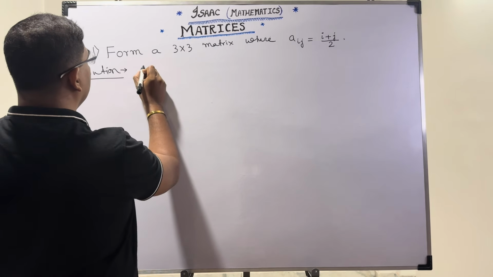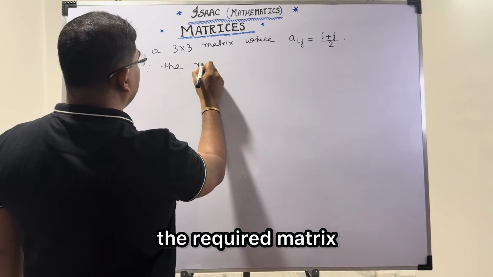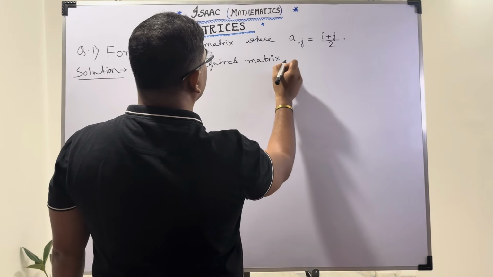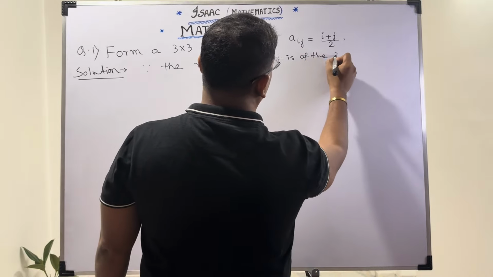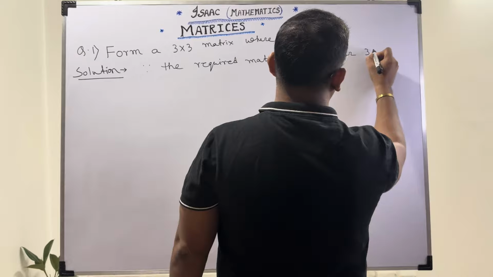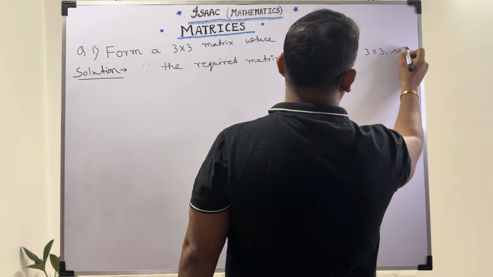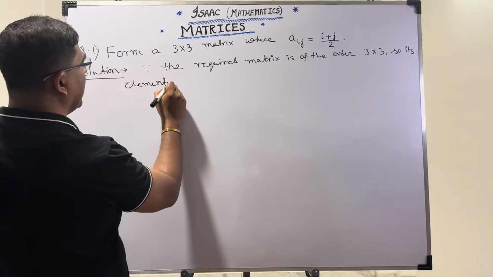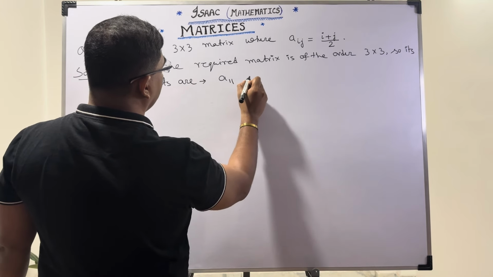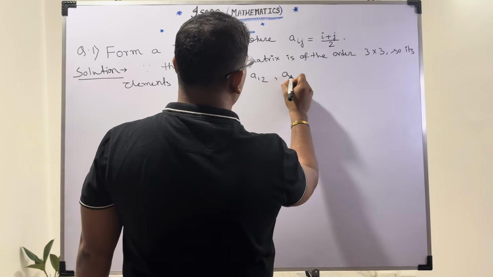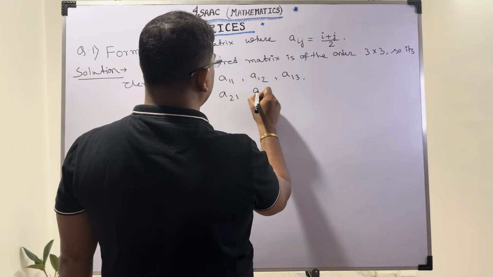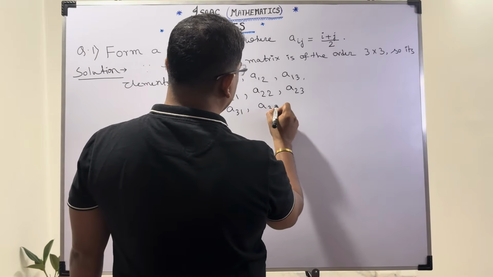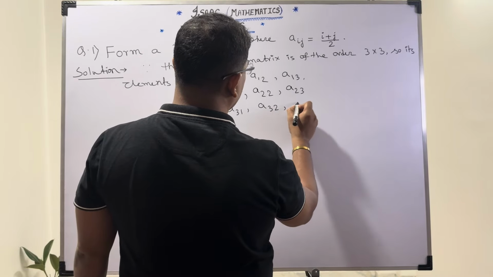Solution. Since the required matrix is of the order 3 by 3, its elements are A11, A12, A13, A21, A22, A23, A31, A32 and A33.